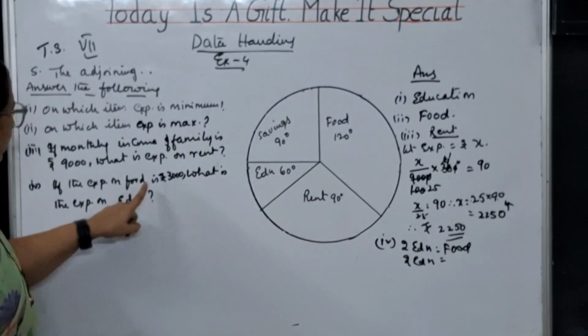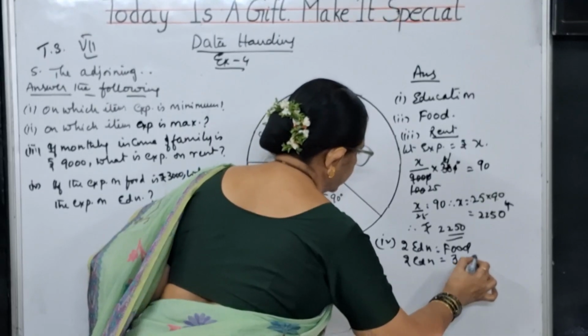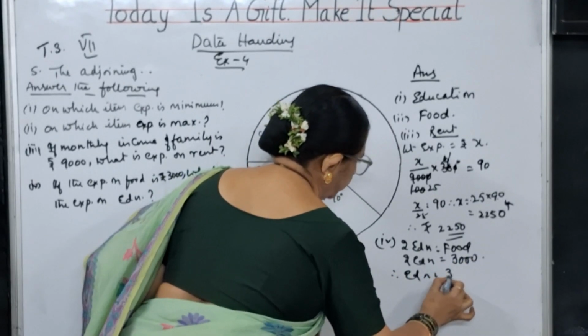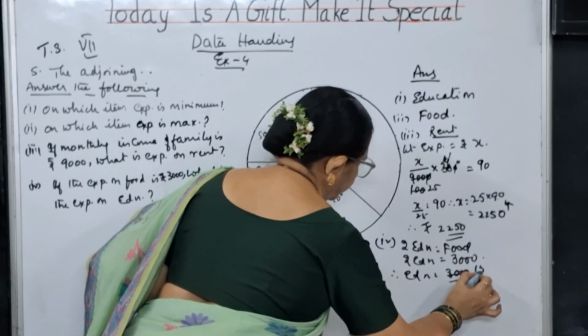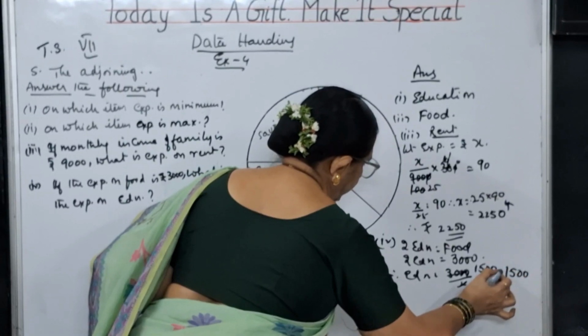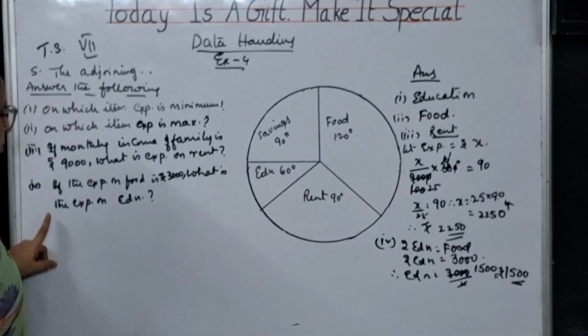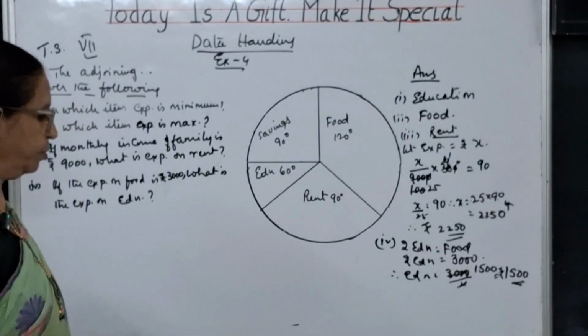How much have they given? 3000. Therefore, education is nothing but 3000 by 2, that is 1500. So the answer is 1500 rupees for the fourth bit. This is 1500. So this is the fifth problem, children.